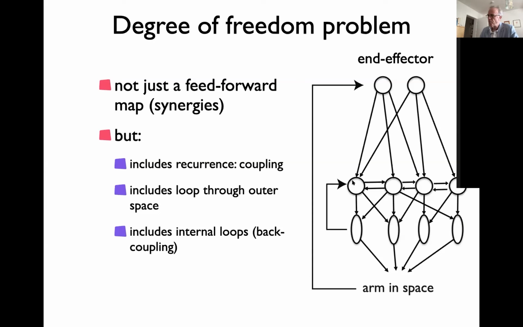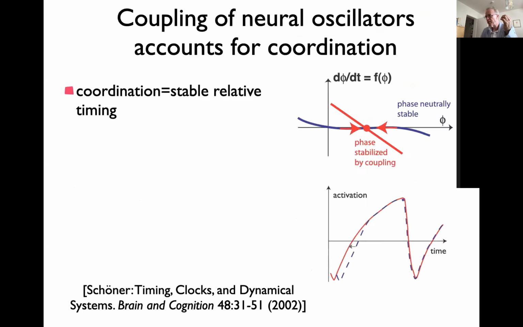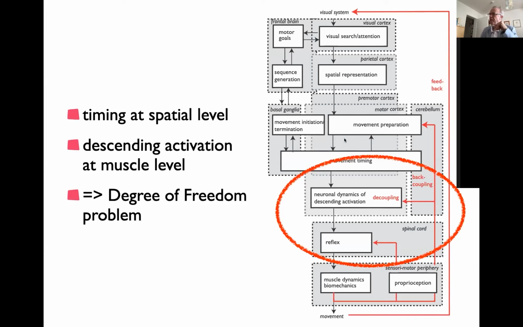So there are couplings, there are feedback loops, a little one that we call back coupling and an outer one that we call feedback coupling, and they contribute to these phenomena. So that's a complication that in the vehicle case we didn't have. And so there are two things that are really different from the vehicle case. One thing is that vehicle movement is not necessarily timed.